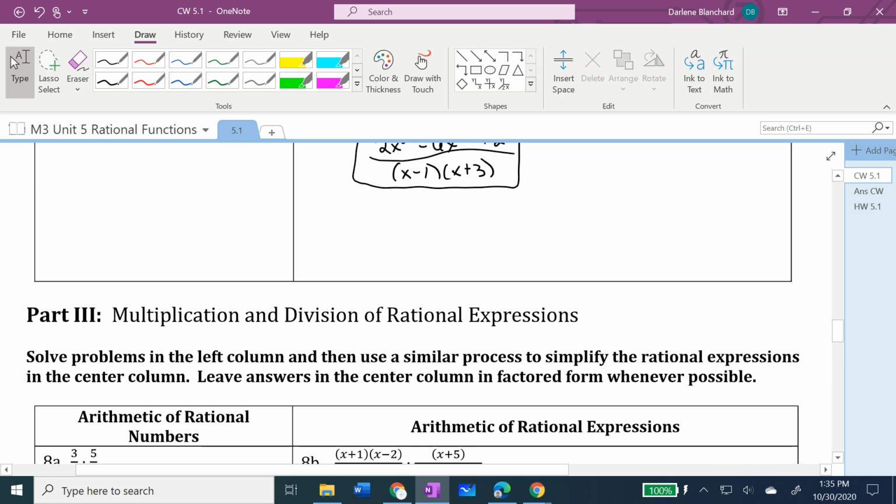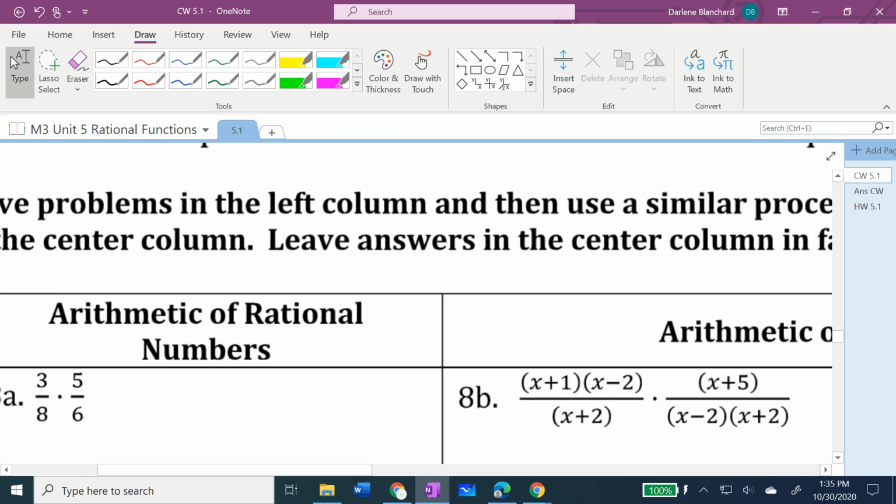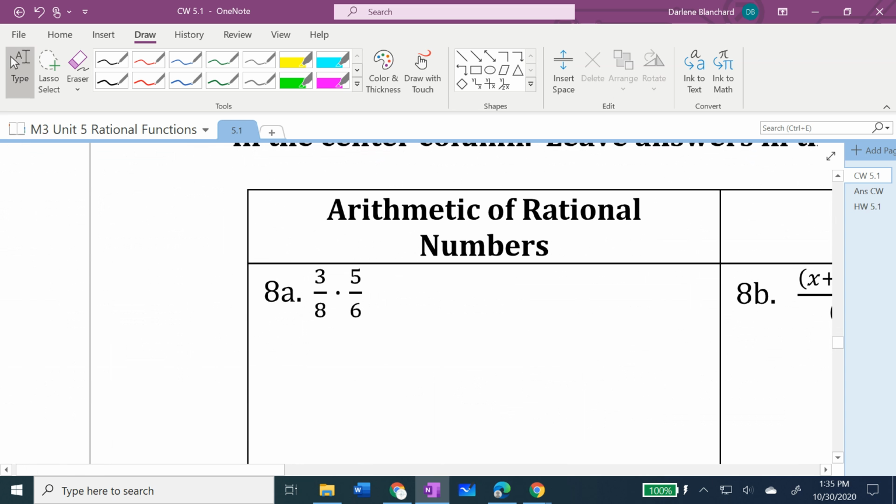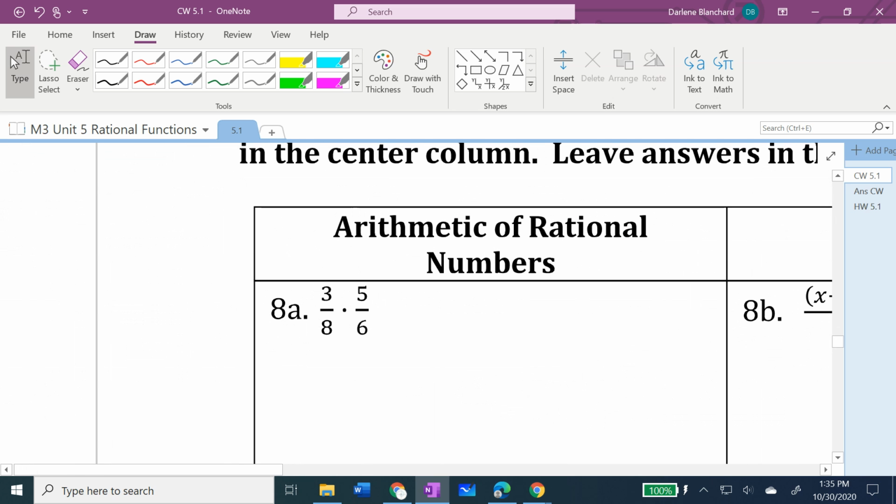Now we've got to remember multiplication and division. So let's start with rational numbers. How do I multiply rational numbers? Do you remember that you basically just multiply the numerators, multiply the denominators, and go yay?